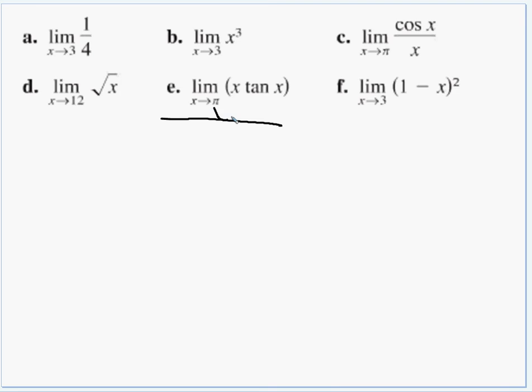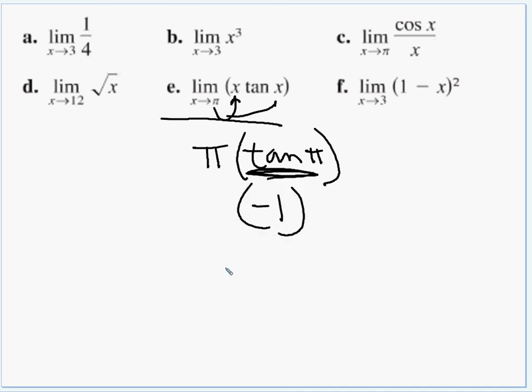Letter E, pi jumps in for both of those x's. So that's going to become pi times the tangent of pi. Tangent of pi is -1. -1 times this pi, negative pi. Ooh, excuse me. What am I doing?